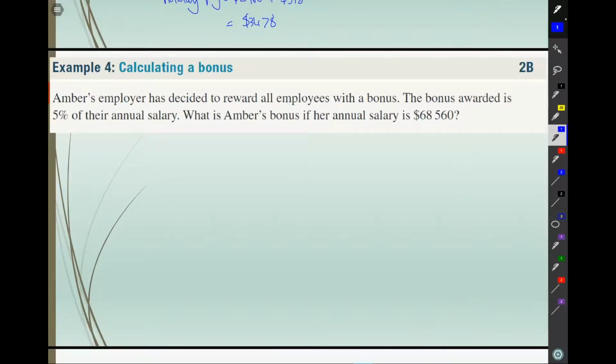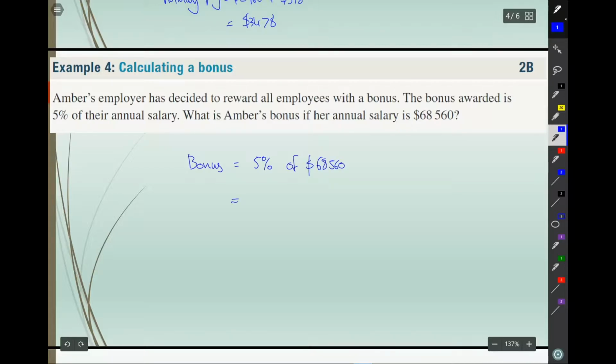Let's check out calculating a bonus. Amber's employer has decided to reward all employees with a bonus. The bonus is 5% of their annual salary. So what is Amber's bonus going to be if her annual salary is $68,560? Well, that's pretty simple. All we have to do is work out 5% of 68,560.